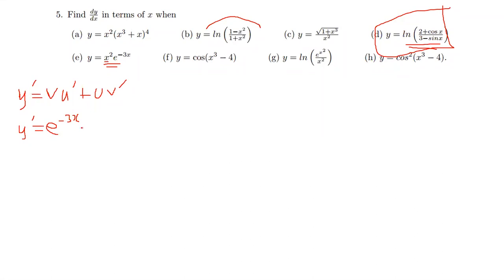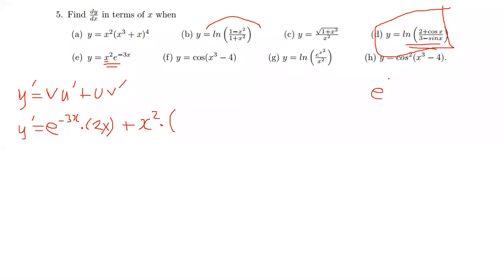My u prime is just the derivative of that, which is 2x. And then I'll say plus u. My u is x squared, multiplied by the derivative of e to the power negative 3x.